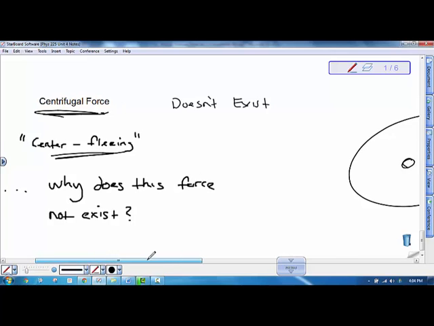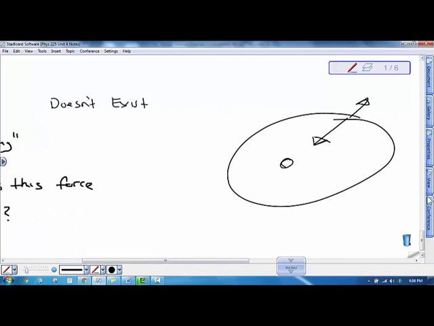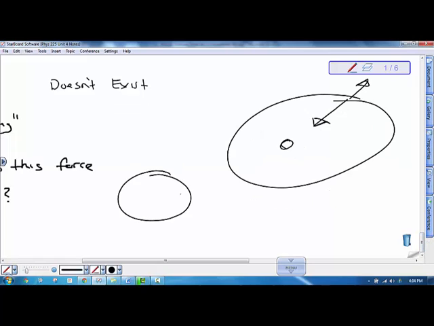Now, if you've been on those rides at the fair or at amusement parks where you travel around in a circle and you're plastered to one side and it spins, so you're kind of stuck against this wall, it feels like there's a force pushing you out away from the center, but keep in mind that's just an illusion of Newton's third law because you're being accelerated towards the center, so forces come in pairs. It almost feels like there's a force that's pushing you outward. It's really just the fact that you want to travel in a linear direction, but this thing keeps pushing you towards the center.